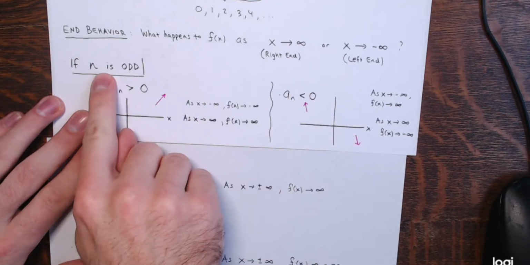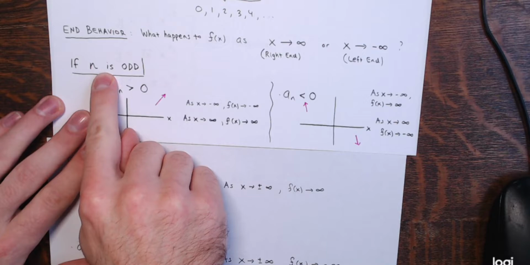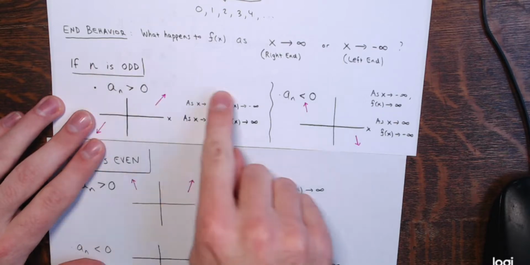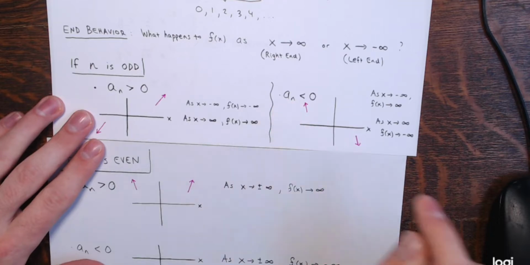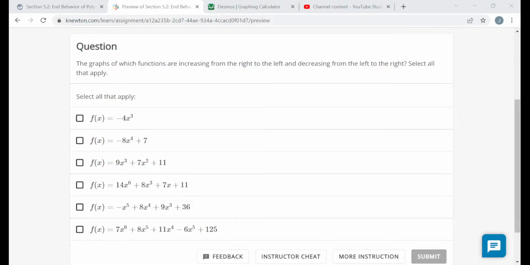So that's this case. So I need an odd degree, or the highest power to be odd, and the lead coefficient to be negative. So if you look, this first one, the highest powered term has a power of 3. It's odd degree, degree 3, and the lead coefficient is negative, right? So the graph of this will do what they're describing. And I'll show you.